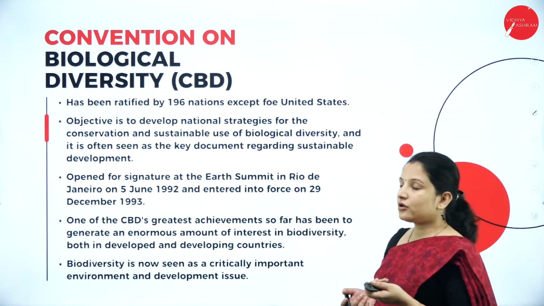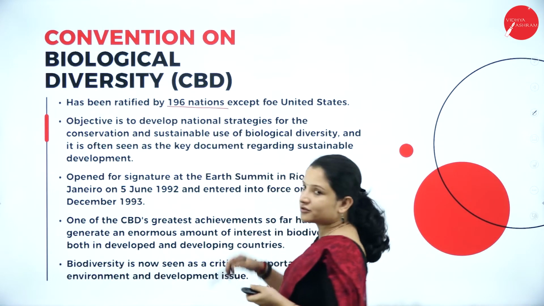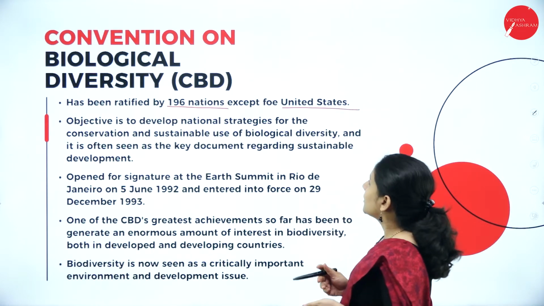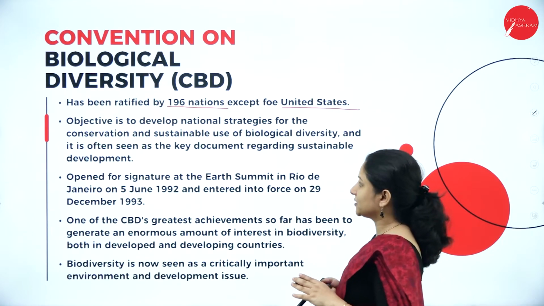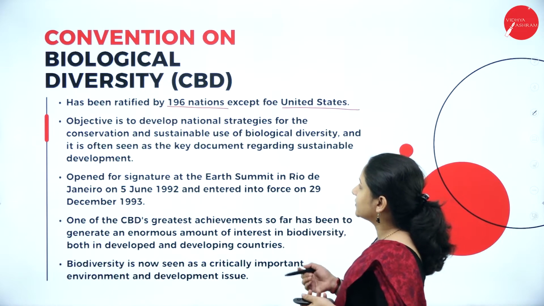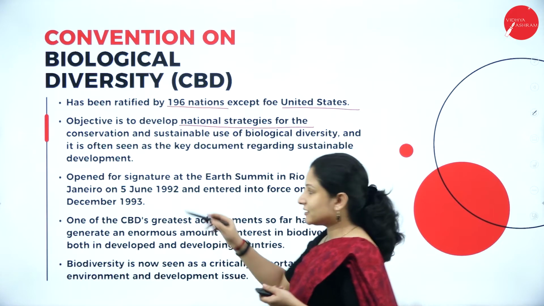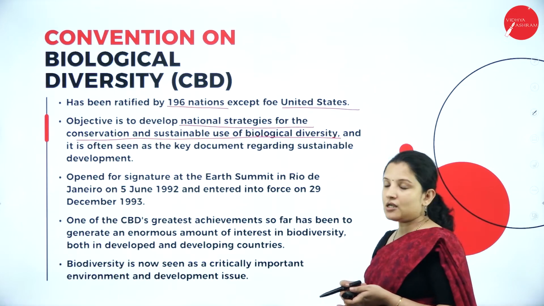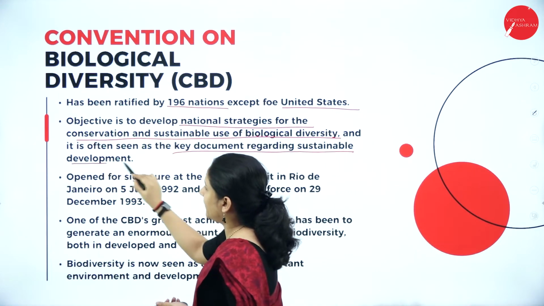This Convention on Biological Diversity has been followed by 196 nations so far, but till date the United States has not followed it. The objective of the Convention on Biological Diversity is to develop national strategies for the conservation and sustainable use of biological diversity, which is one of the key documents regarding sustainable development.